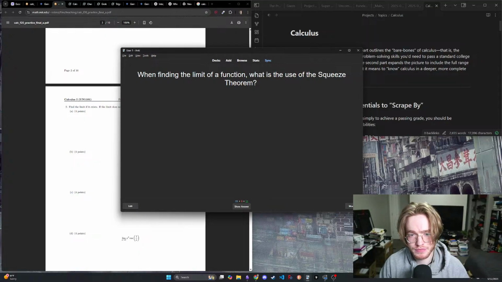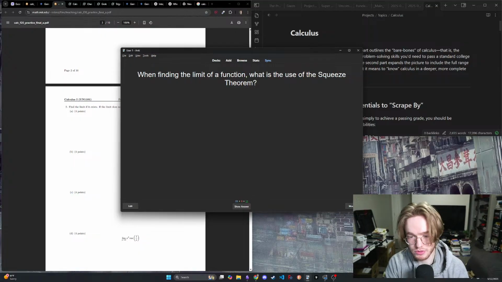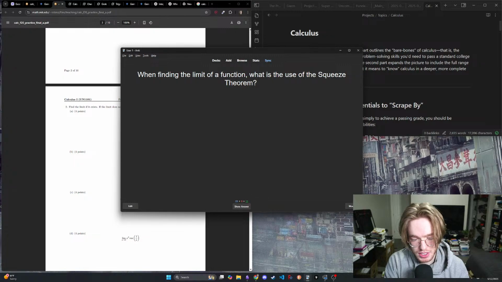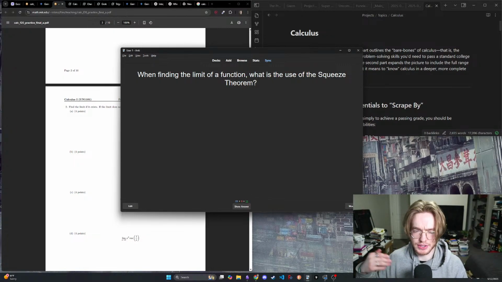So the use of the squeeze theorem is if you have 3 functions, and from left to right each is less than or equal to the next, or if these functions are less than or equal to each other in descending order.